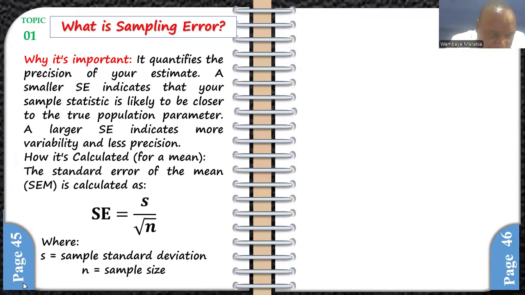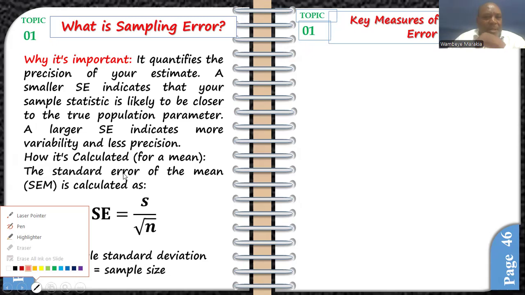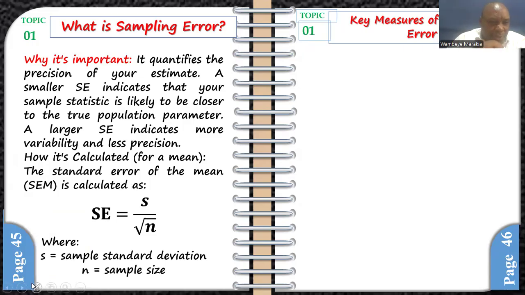SE. Sometimes my pen takes time to come out. So this is the formula, the one I'm circling.